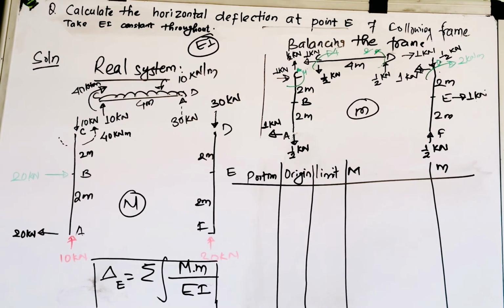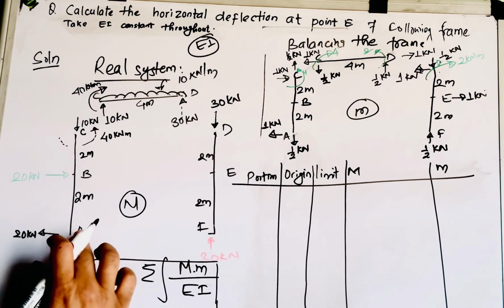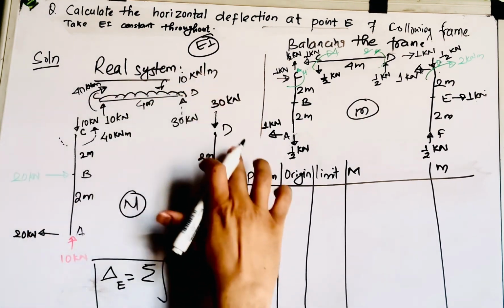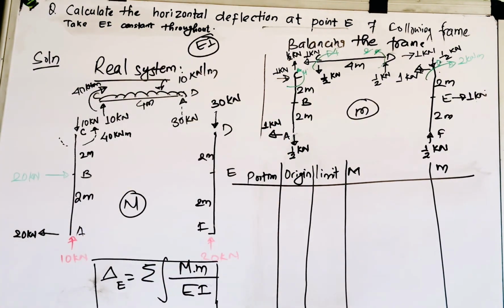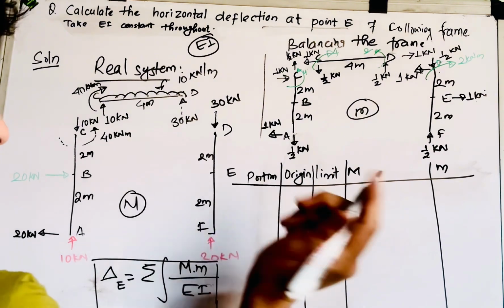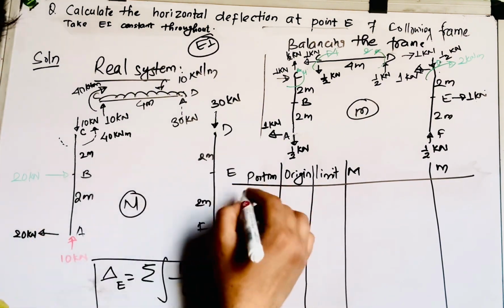Okay, now let us see what the portions are. Now you have the sections A, B, B, C, C, D, D, E, and E, F. So there are 2, 3, 4, 5 sections, and you need to write the equations of each section since you can use the integration then. So let us make portion AB here.